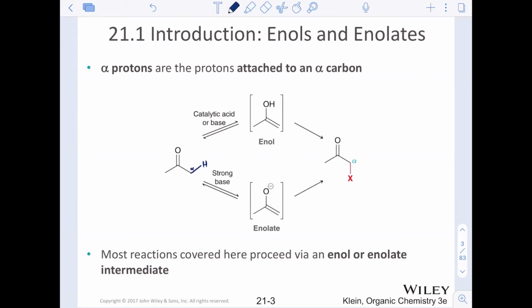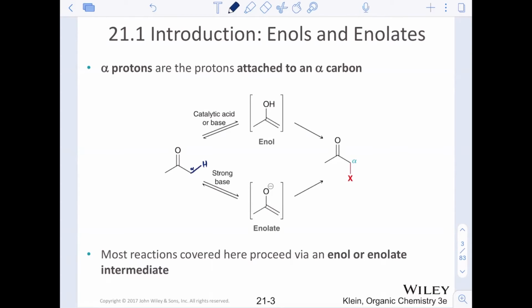Carbon-carbon triple bonds can use acid catalyzed hydration or hydroboration oxidation to create an enol. So we have seen enols before, way back in chapter 9, and they tautomerize to ketones.